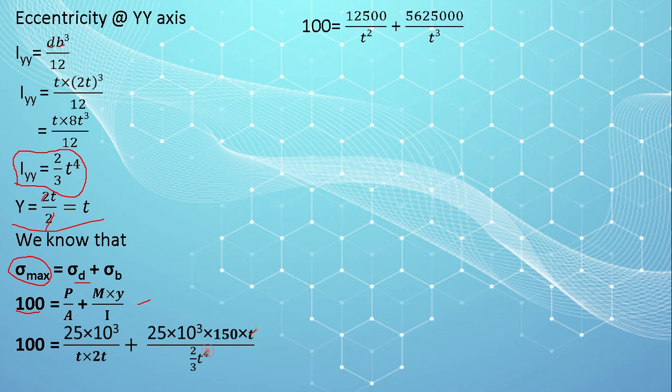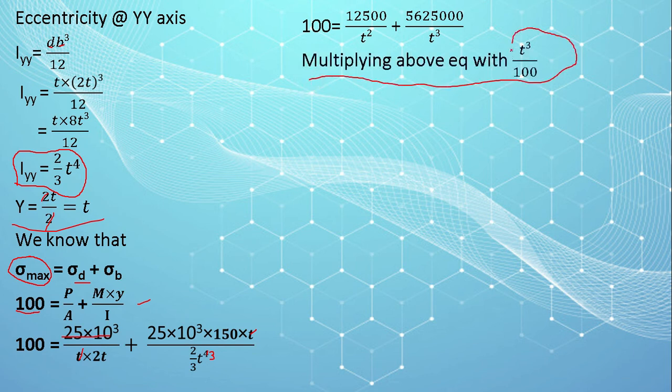This t gets cancelled, this is cube, then this 2 gets cancelled and it becomes 12500. So multiplying this equation by t cube divided by 100, this equation becomes t cube is equal to 125t plus 56250.